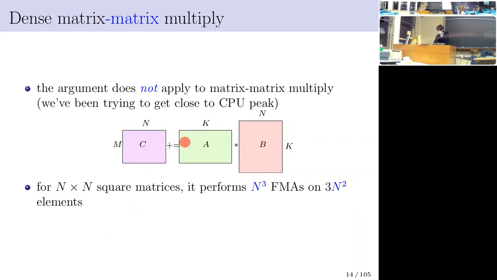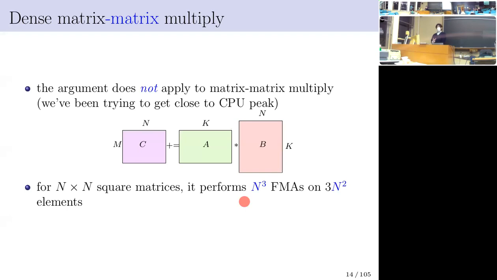So it's just an n by n matrix. Multiply two n by n matrices to get another n by n matrix. Let's assume that all these matrices are square.